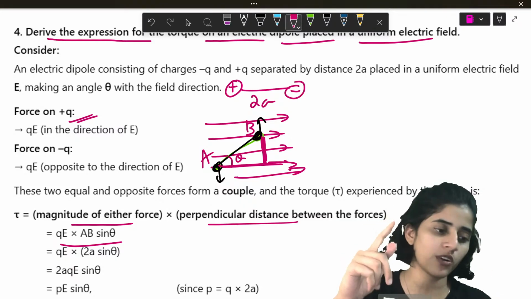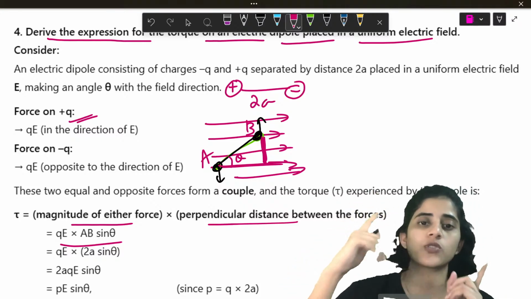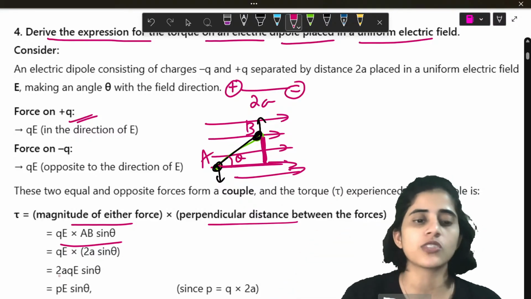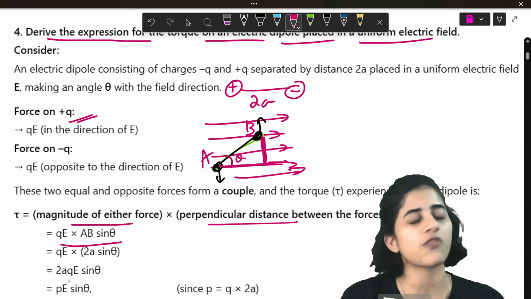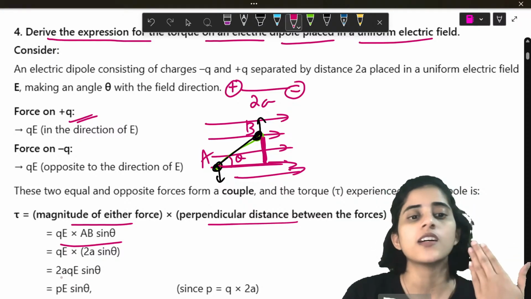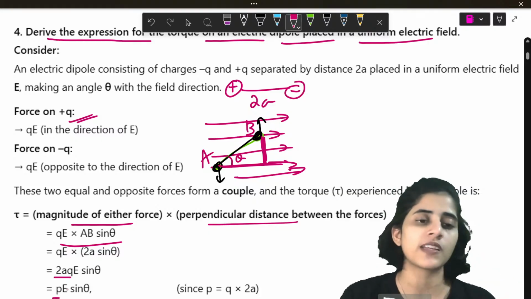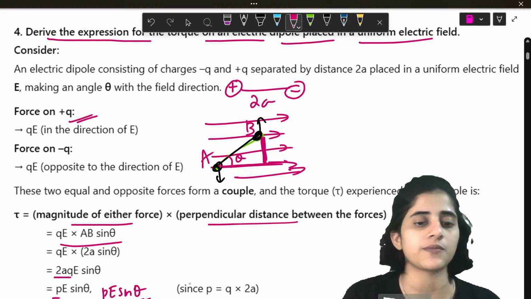The length of the dipole. A dipole is 2 charges placed at a distance of 2a. So AB should obviously be 2a sine theta. So this becomes 2a qE sine theta. And in the previous question, we already saw what 2 into a into q is. It is p. So this becomes pE sine theta.